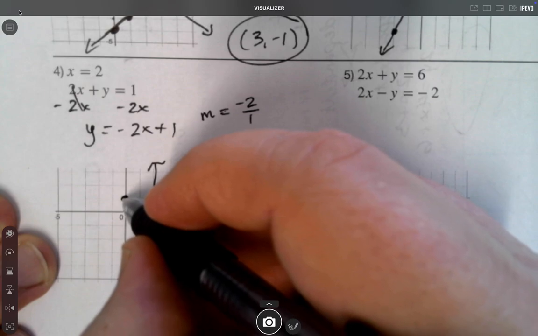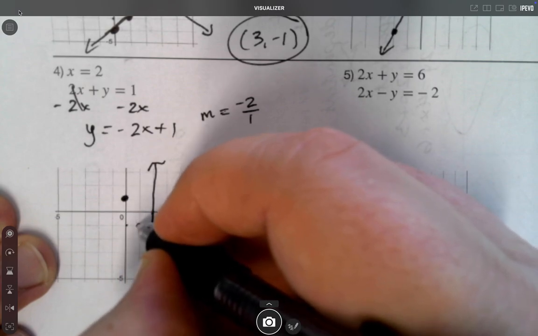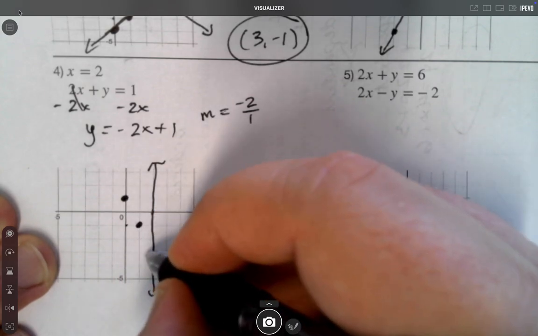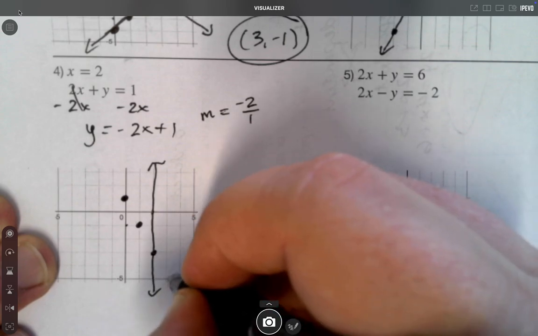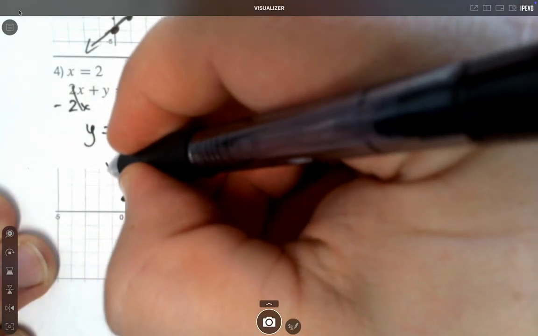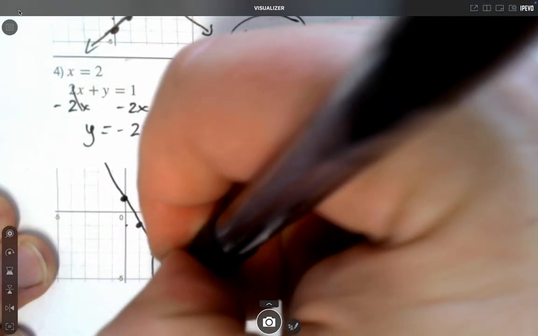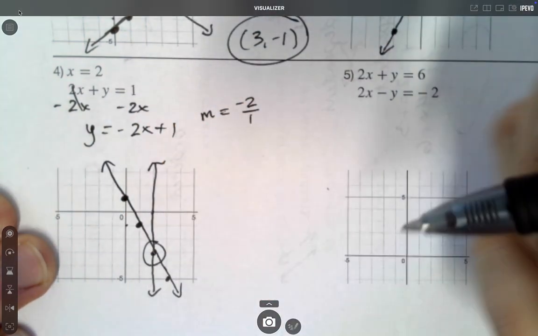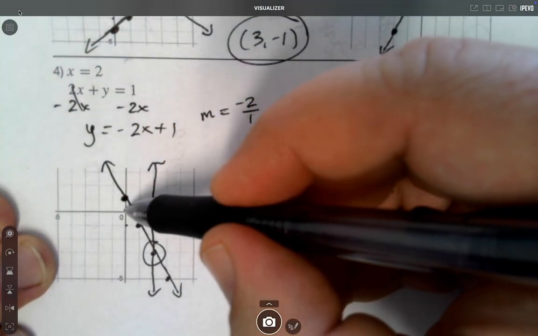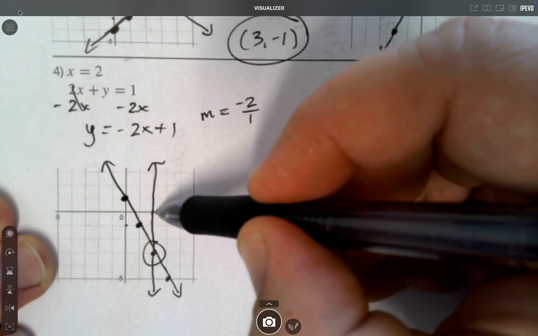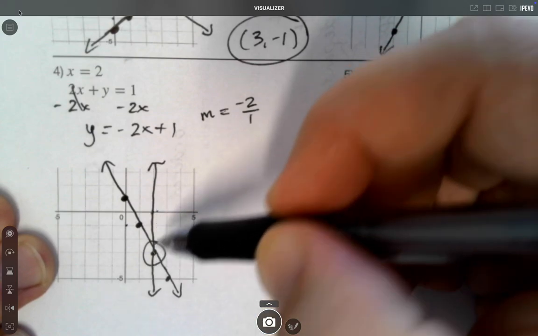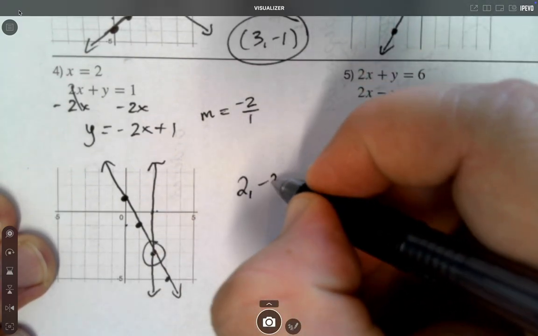So I start at the y-intercept and I go down 2 over 1, down 2 over 1, down 2 over 1. So they meet at this point right here, which is at +2, down 1, 2, 3, so +2, -3.